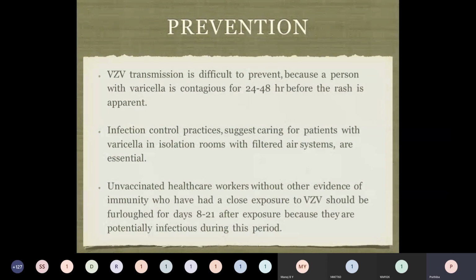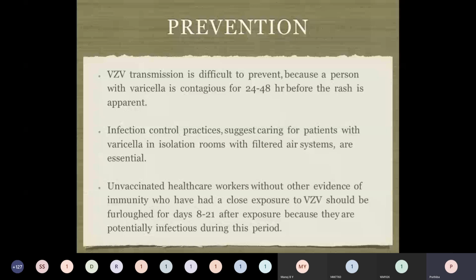So the prevention: varicella zoster transmission is difficult to prevent because persons with varicella are contagious for 24 to 48 hours before the rash is apparent. So what about the control? The practice is to suggest caring for infants with varicella in isolation rooms with a filtered air system, which is most important.